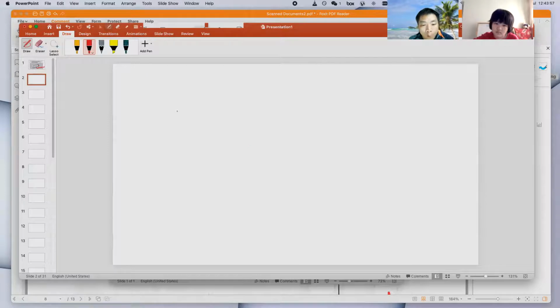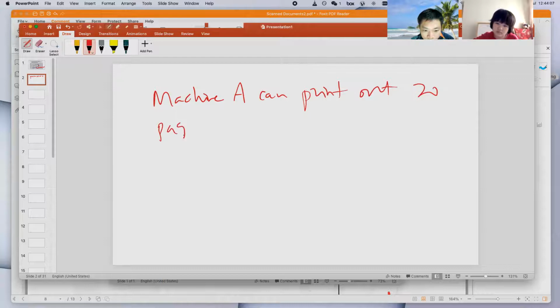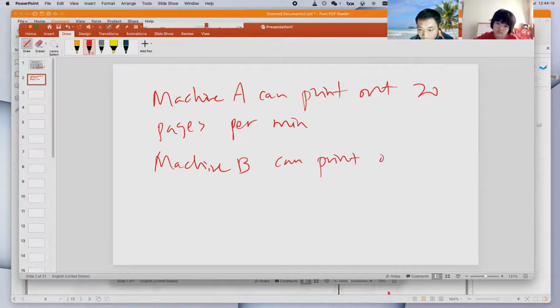I say, what if they give you machine A can print out 20 pages per minute, and then machine B can print out 60 pages per minute.